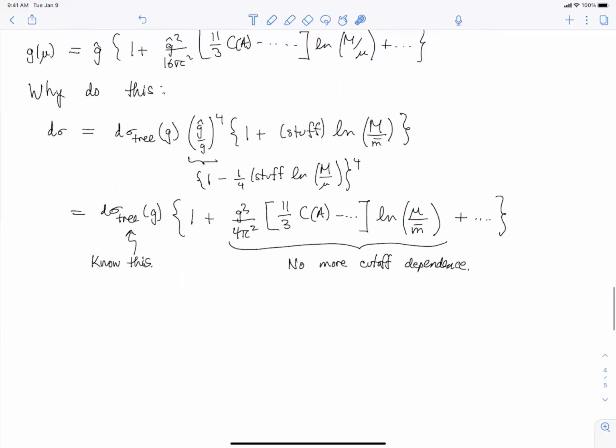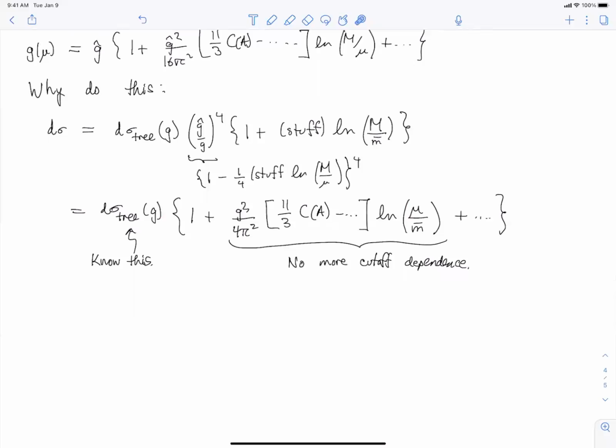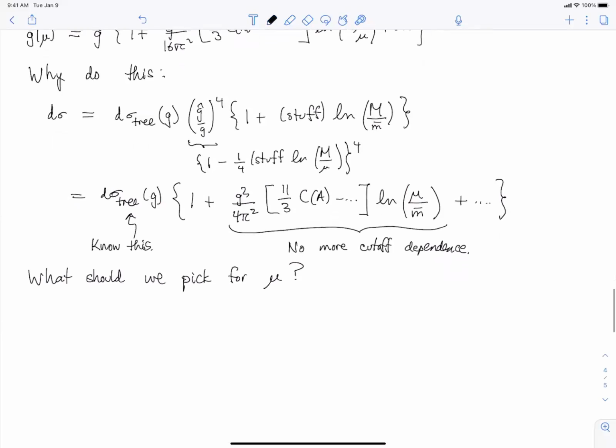All right, so now you can say, okay, we still got this scale mu, what should we pick mu to be? And one answer is anything you want, does not matter, because if you choose a value for mu, then you just have to determine the G for that mu, and everything's fine.